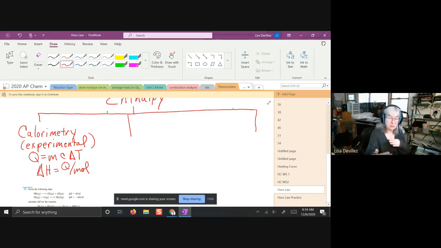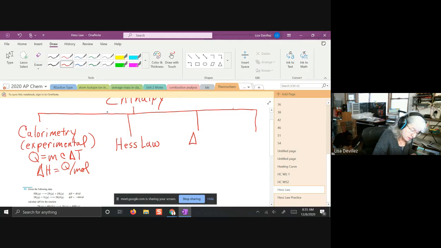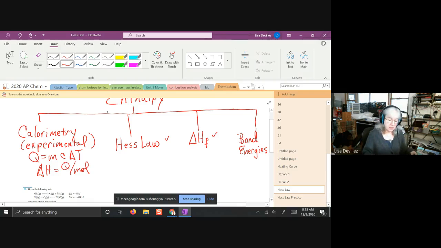So we're going to focus today on a method called Hess's Law, but then we'll also use our heats of formation, and at the beginning of next semester, we're going to look at finding enthalpy based on bond energies. So these 2 will be in this unit, and then bond energies will come next semester.